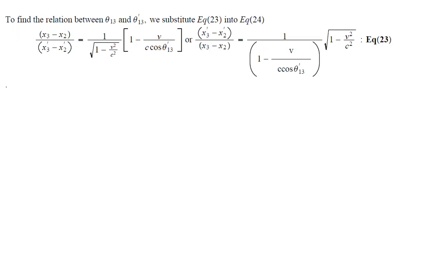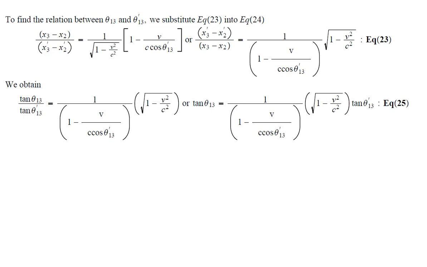To find the relation between the angle of reflections in frame K, which is θ13, and K', which is θ13', we substitute equation 23 into equation 24. We obtain the following equation.